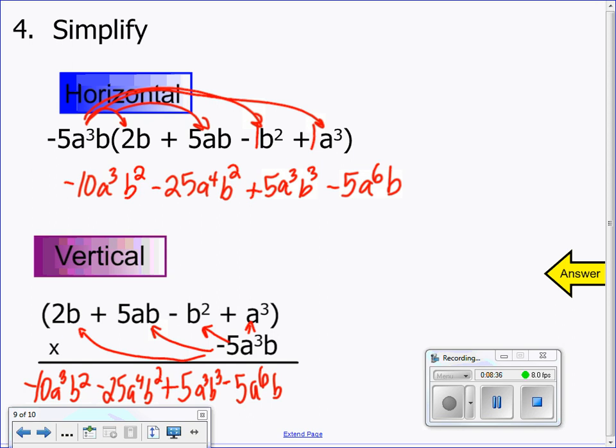And then you have it lined up. So one of them is multiplying from left to right, and the other one's multiplying from right to left.